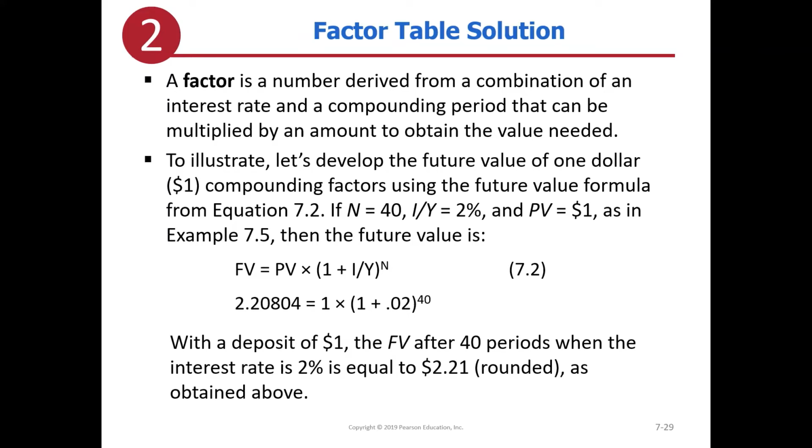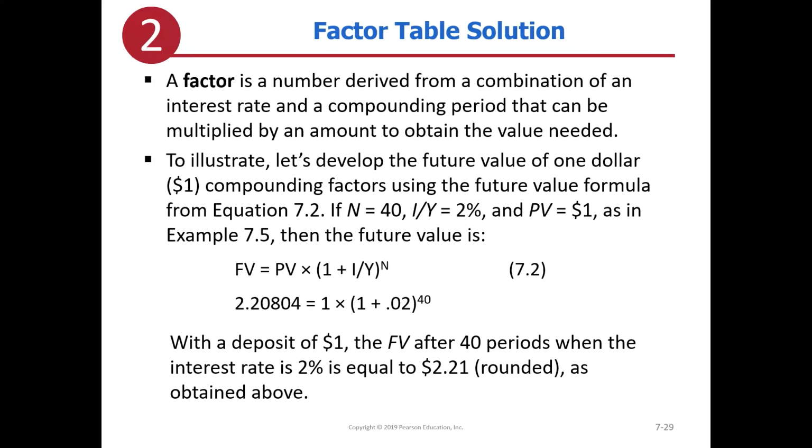To illustrate, let's develop the future value of $1 compounding factor using the future value formula, equation 7.2. If n is equal to 40, interest over year is equal to 2%, and the present value is equal to $1, then the future value is equal to the present value times 1 plus I over y, to the n power.